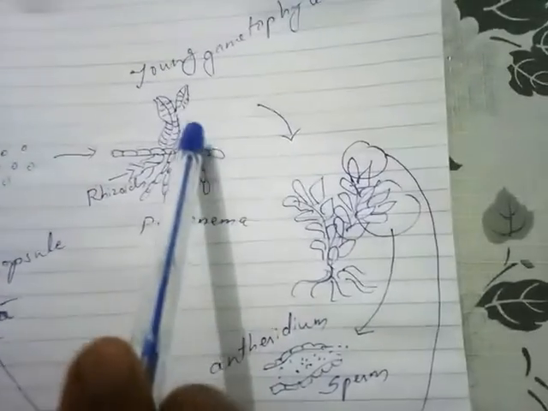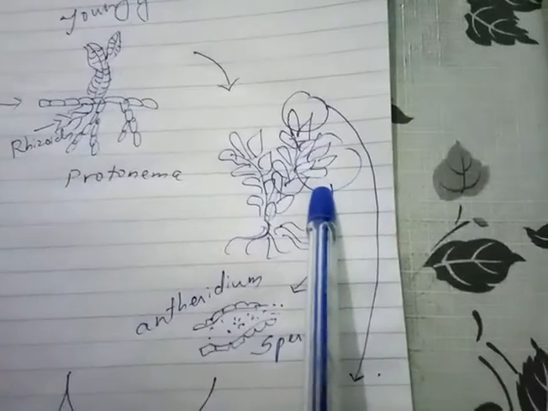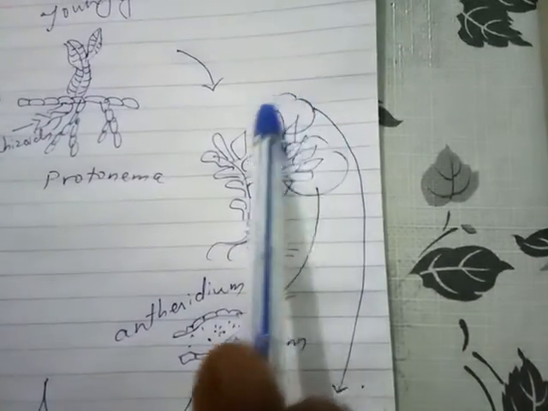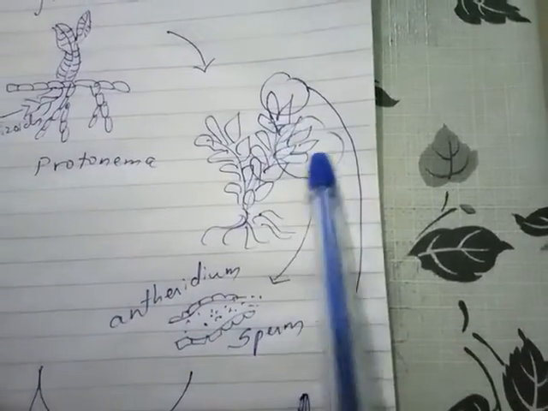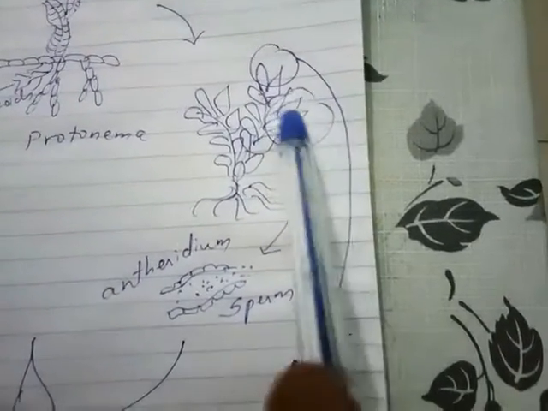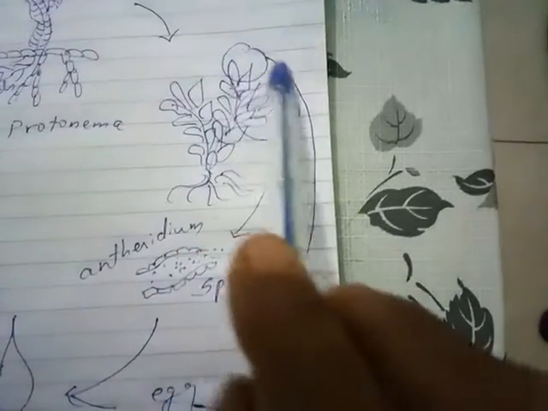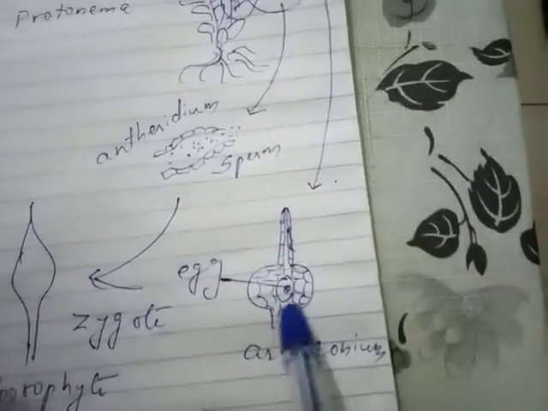Now this structure is called the young gametophyte. As it matures, it has antheridium and archegonium at the apex. Now antheridium will give rise to sperm and archegonium will give rise to egg.